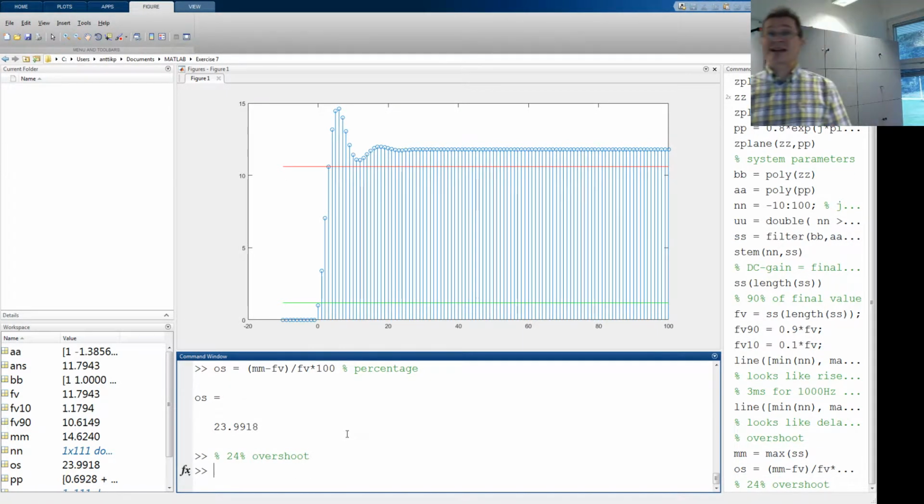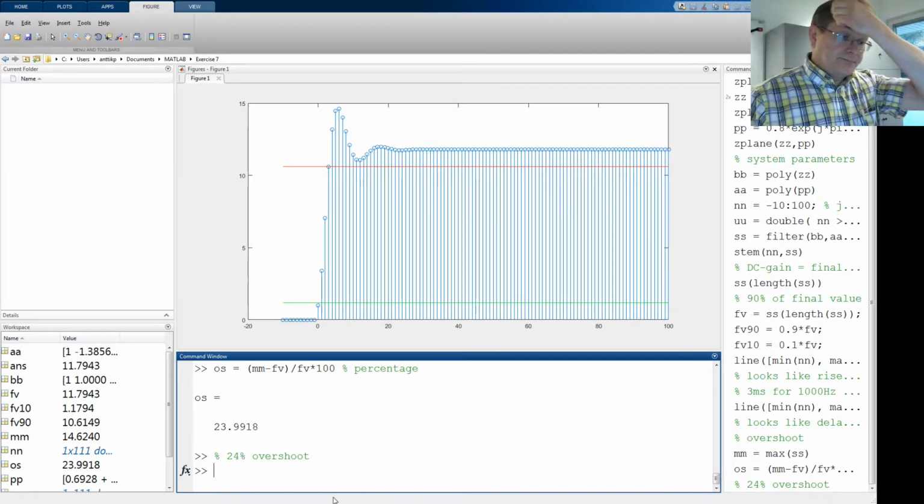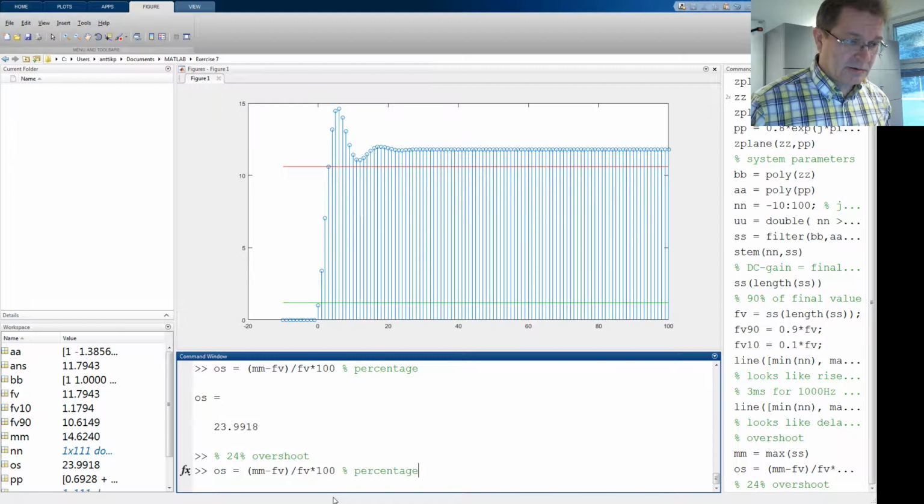Okay, and then the settling time. For that one, actually, we need to take a look at the plus minus 2% in this exercise. All right, so let's calculate.